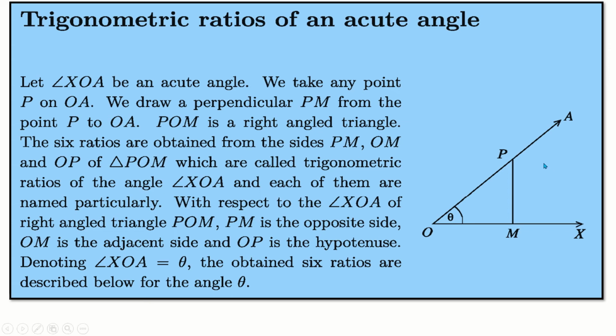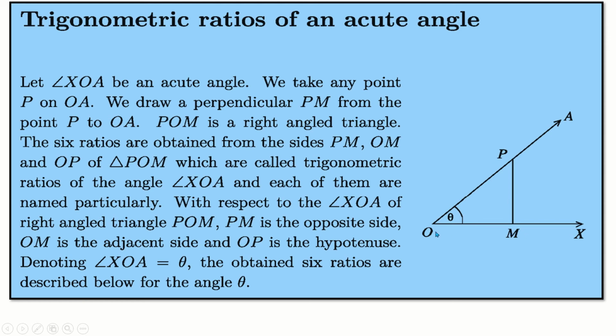Okay, so we can say PM by OP is sine of this angle, this angle meaning theta. This is equal to PM by OP. PM is the opposite side, OP the hypotenuse. Another one is OM by OP, which is equal to cos theta.